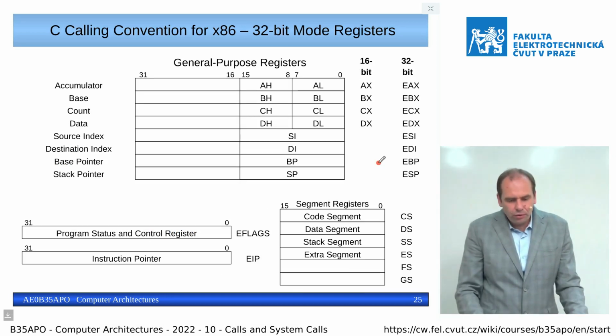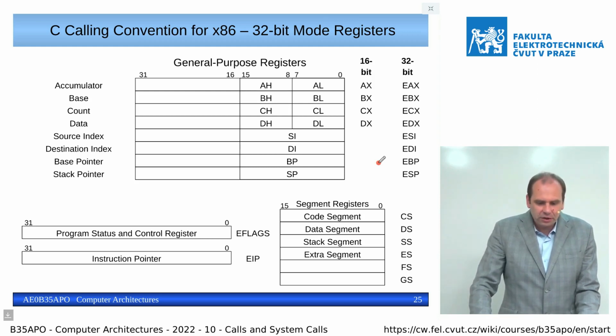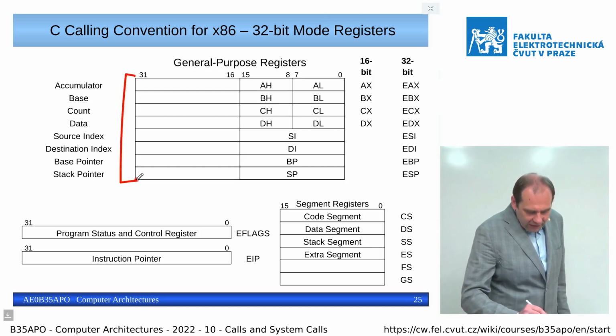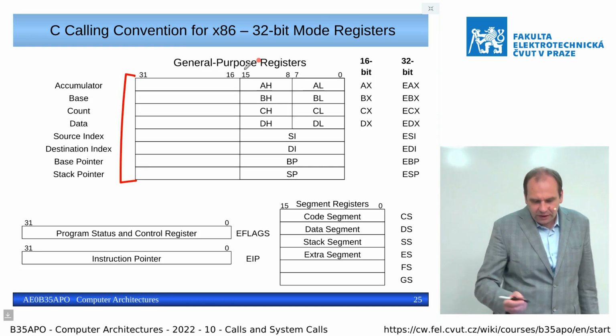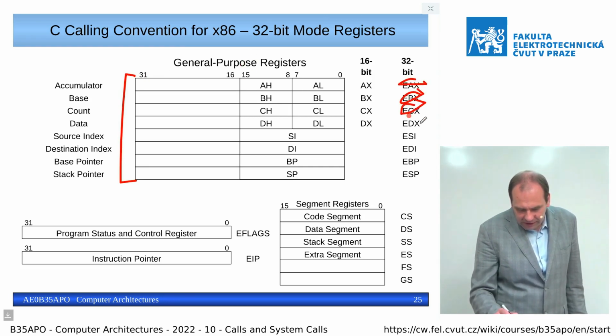Now we look very shortly at x86 in 32-bit mode and 64-bit mode, because this is an architecture which you quite often use. In this case, we have only 8 general-purpose registers. They can be accessed as the 32-bit EAX, EBX, ECX, EDX, and so on registers.